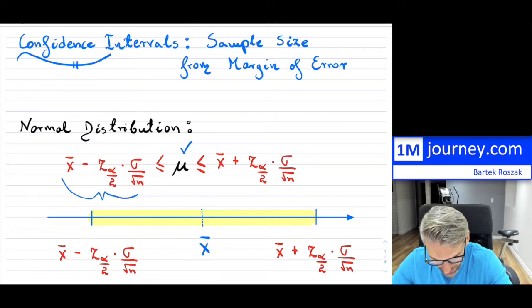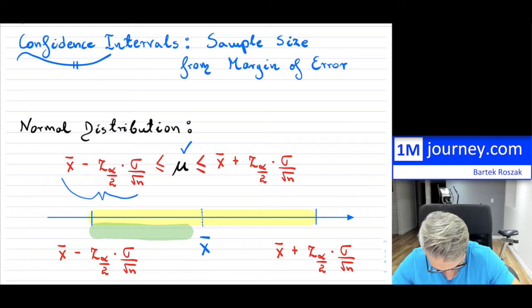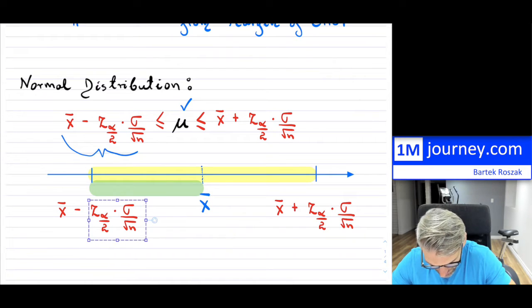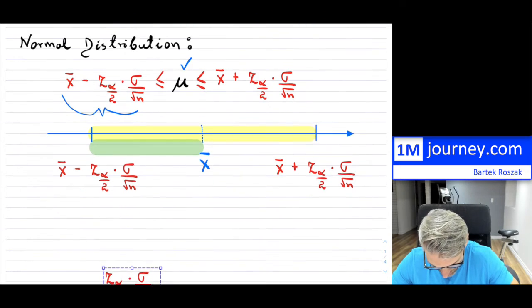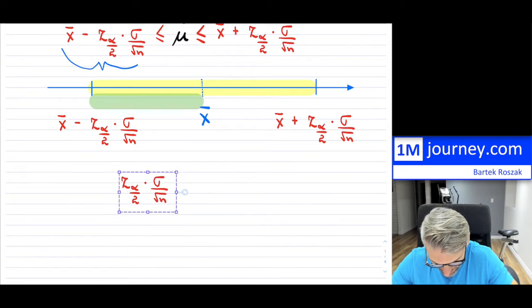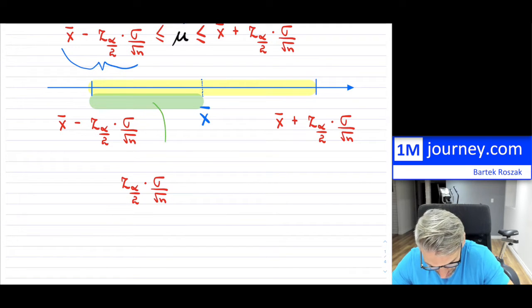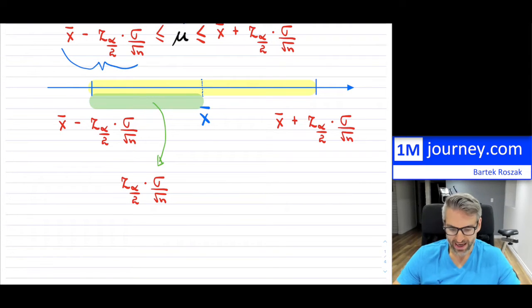And then this distance that we have, from here to here, is nothing else but simply this right here. So that is that distance, the green highlight that you see here. So that is equal to that. I actually call this the margin of error that we might want to have.